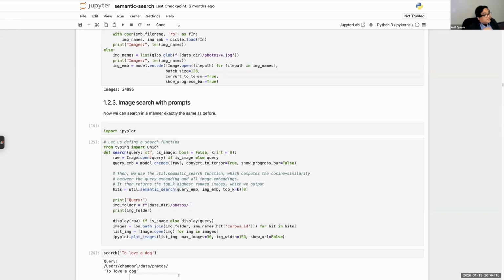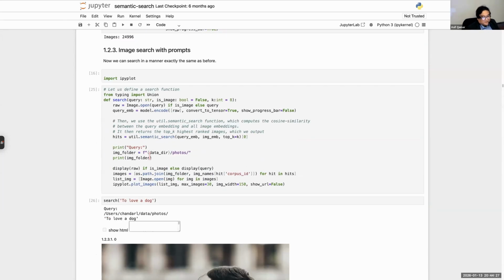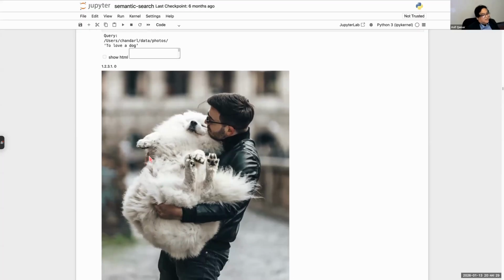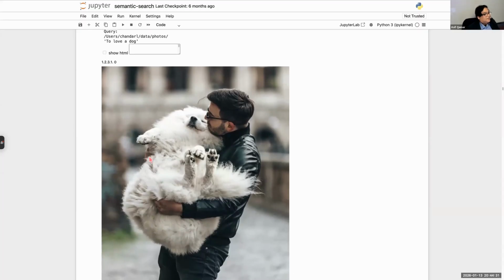A keyword search in which you had metadata introduced, this picture has a dog, this picture has a person, still wouldn't capture the emotion. Look at this. Would you agree that this result is a resounding validation of the power of semantic search, of AI search?